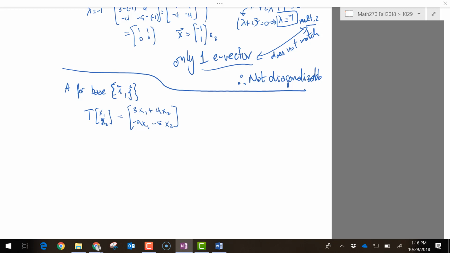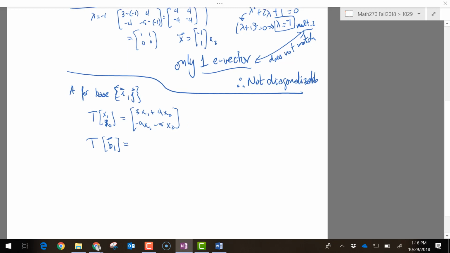Right? So what we want to do is figure out what happens to T of b1 and T of b2. Well, T of b1 is really A of b1, which we already figured out. What was that again?